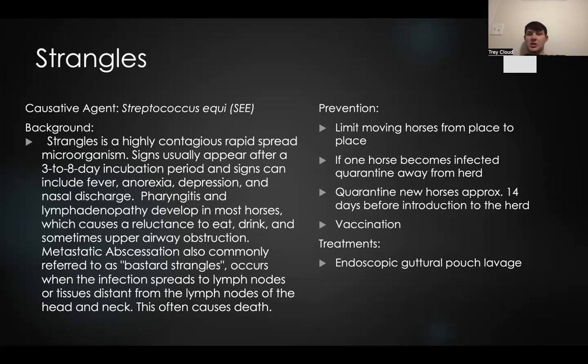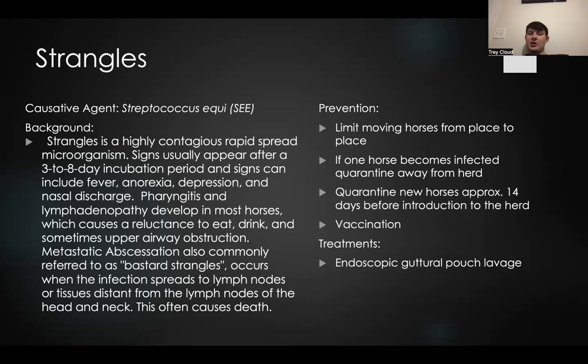Some prevention keys would be things like limiting moving horses from place to place. So trying to limit the movement of your horse from different places helps prevent the chances of your horse getting strangles. And then if one horse becomes affected, you want to immediately quarantine that horse away from the herd.